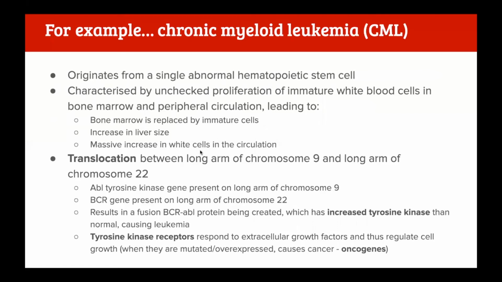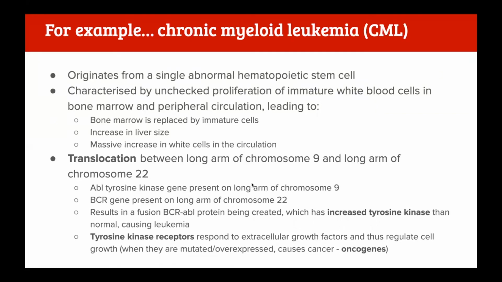CML is caused by a translocation between the long arm of chromosome 9 and the long arm of chromosome 22. So the long arms of these two chromosomes are essentially swapped.